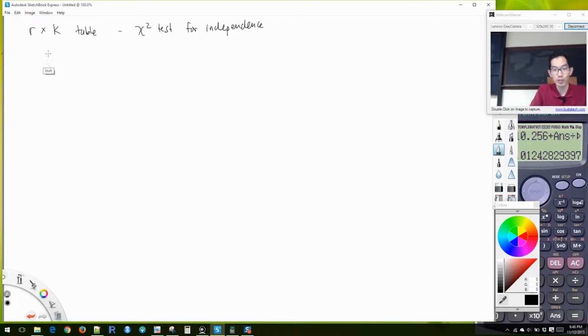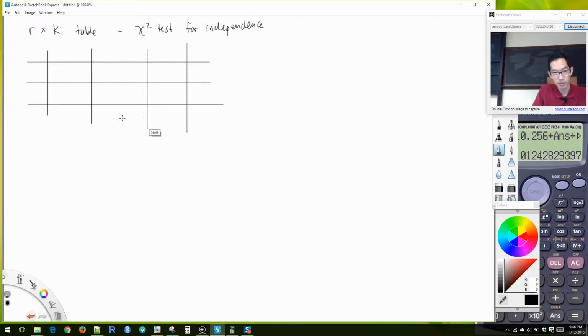It's just you've got more columns and rows. So in this case, you have category A, B, and C, and you have X, Y, and Z. And then you have your counts, okay?